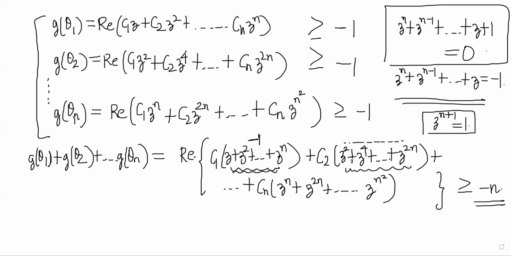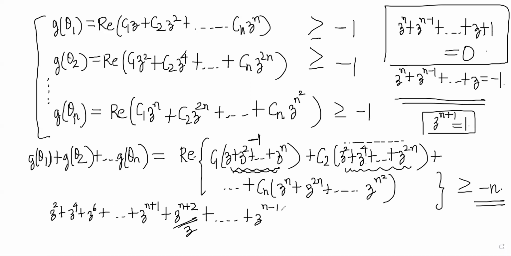You are getting z square, z power 4, all the even numbers. And then after n plus 1, what will you get? So z square plus z power 4 plus z power 6, z power n plus 1 plus z power n plus 2. Notice that z power n plus 2 will be z, and z power 2n would be z power 2n minus n minus 1, so z power n minus 1. So all the numbers after this point are the odd powers, if you realize. This is becoming our 1.